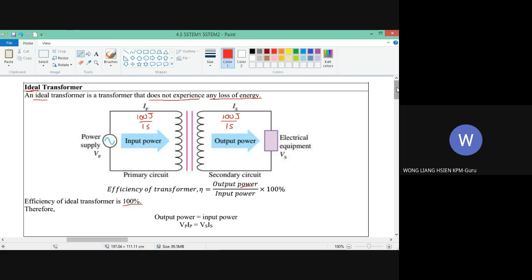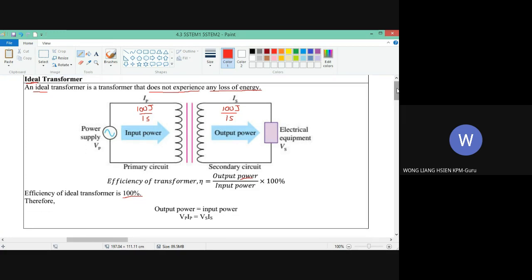Now one thing that is very important here is that if the output power equals the input power, then the voltage in the primary circuit times the current in the primary circuit will be equal to the voltage in the secondary circuit times the current in the secondary circuit.